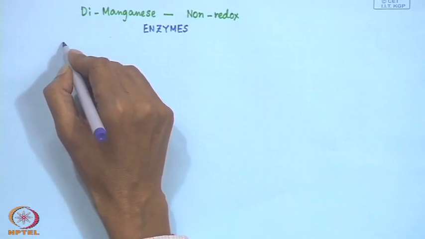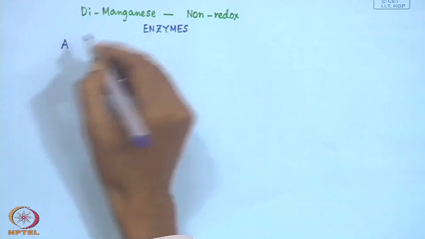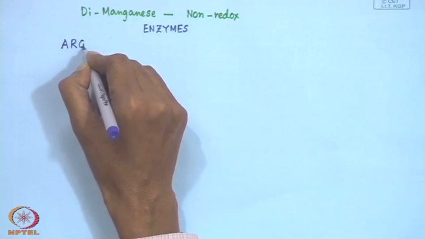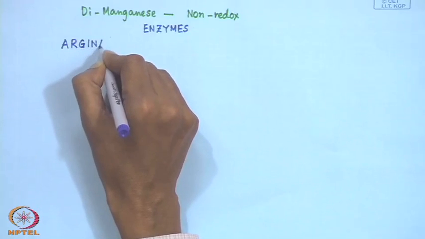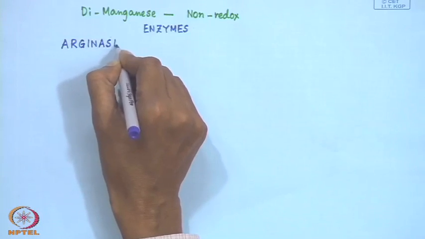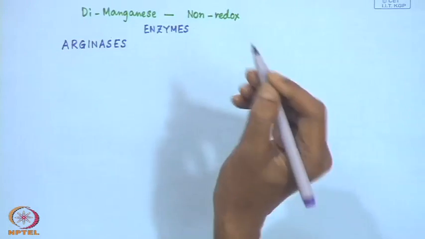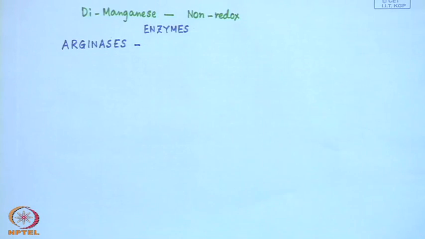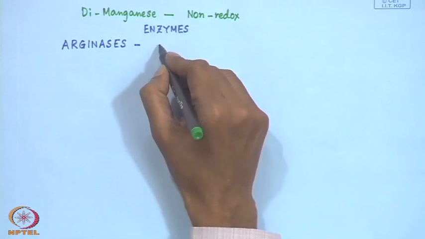And one such enzyme group is arginases, which is responsible for the hydrolysis of L-arginine.